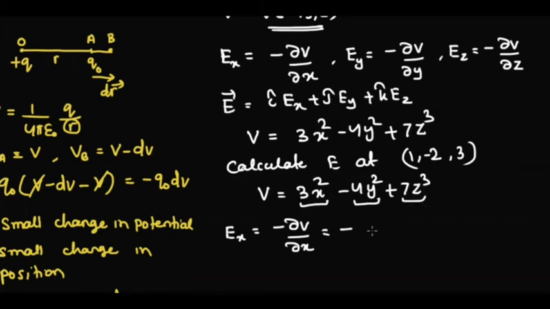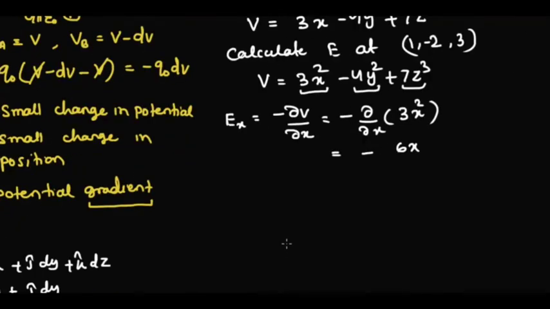So you can write minus del by del x of only the x term. So this will be how much? It will be 6x, so minus del V by del x will be minus 6x.